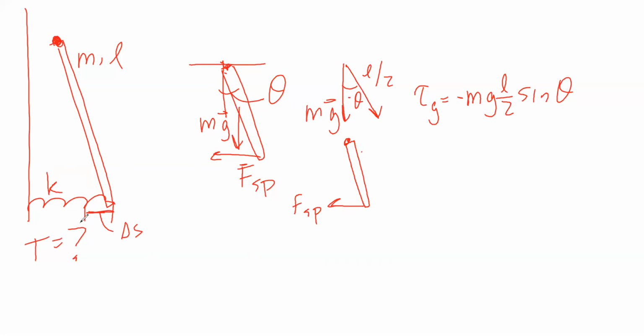That's the only thing you can reasonably presume. Since the path is more like a circle, the displacement delta S equals L delta theta. So the magnitude of the spring force is K times L theta.